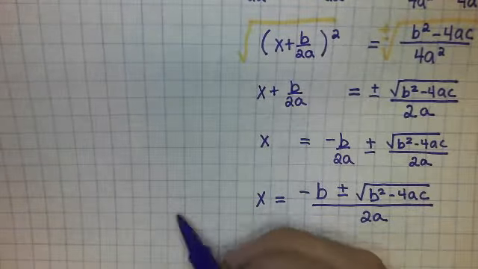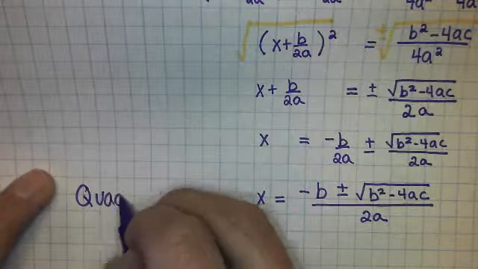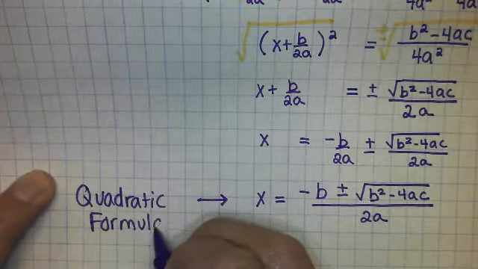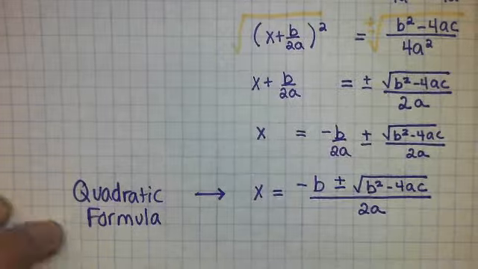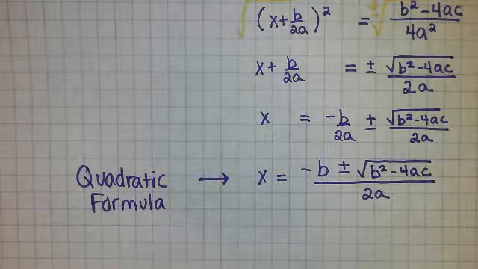And that, folks, is called the quadratic formula. It works for any numbers, any quadratic. If you know the a, the b, and the c value, you can plug it in and get the two x-intercepts of the graph.